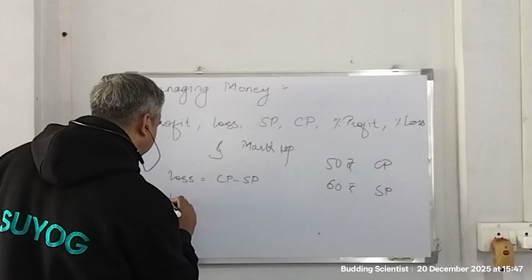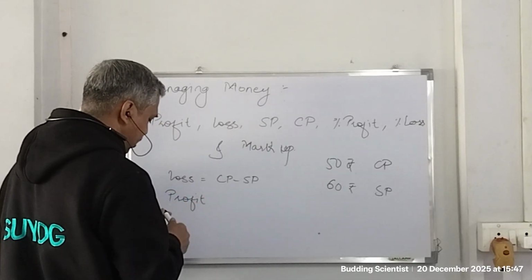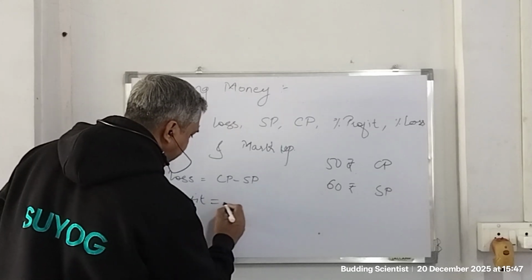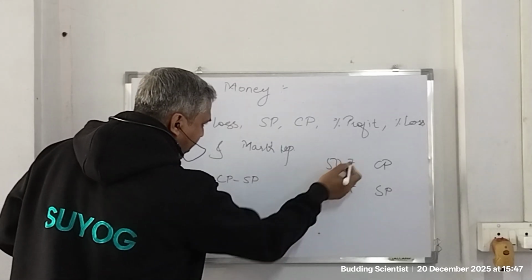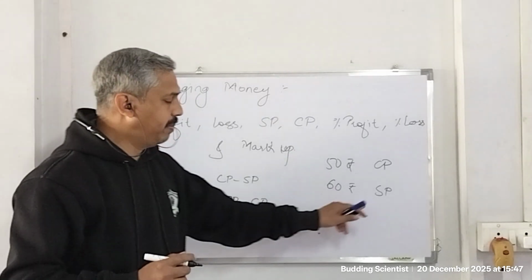So I'll get a profit, and per marker I earn a profit of 60 minus 50, that is SP minus CP. So the profit will be 10 rupees.